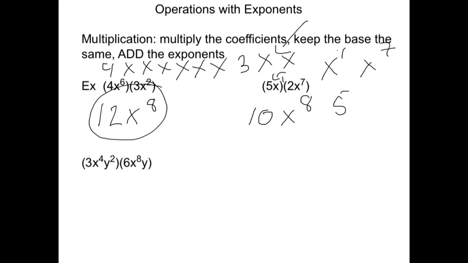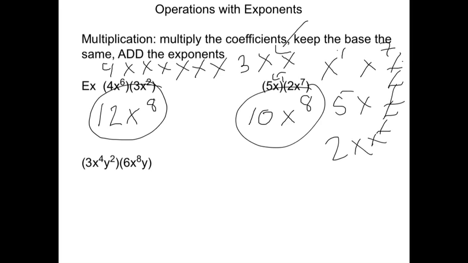So it would be 5x and 2x, x, x, x, x, x 7 times. So you would have 8 x's. So your final answer would be 10x to the 8th, which means no matter what x is, you're going to take it to the 8th power, and then you're going to go ahead and multiply that answer by 10.